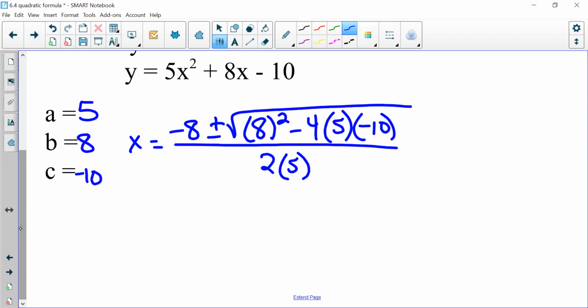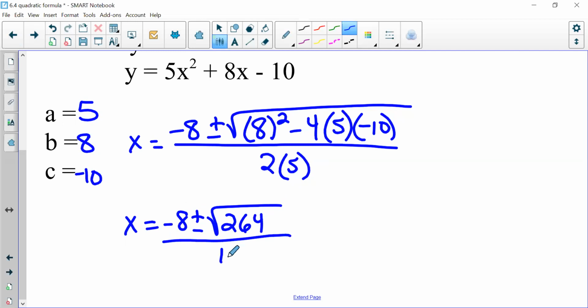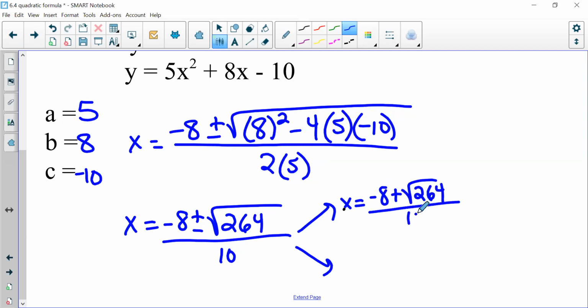So then you want to simplify 8 squared minus 4 times 5 times 10. 264. All right, and 2 times 5 is 10. So let's split this. Negative 8 plus 2 square root of 264 all over 10, and then minus.